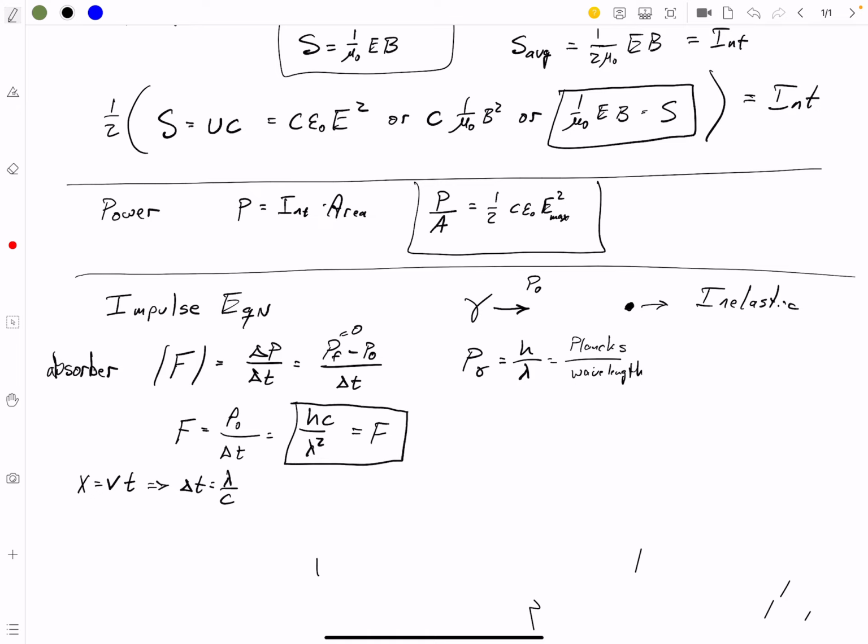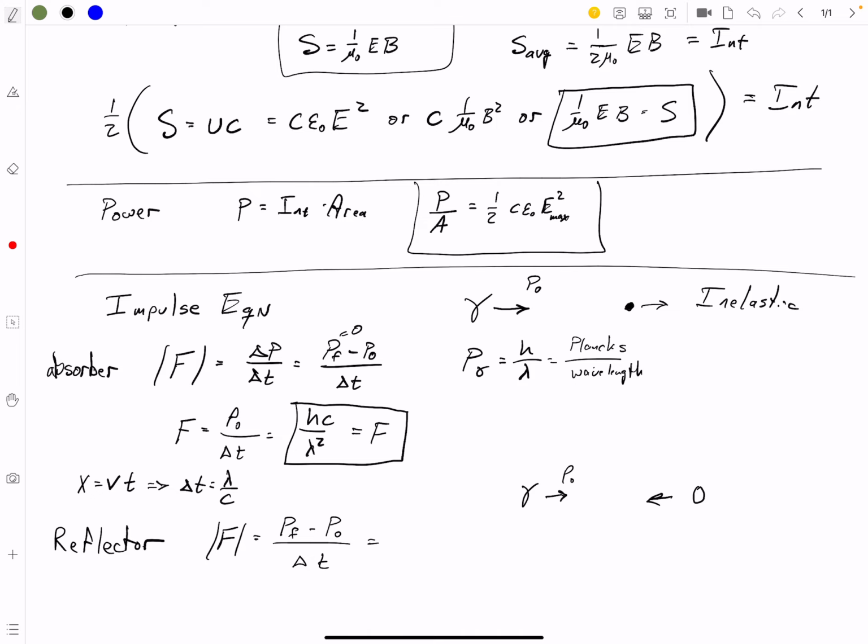When we have a perfect reflector, then F is equal to P final minus P initial over delta T. But this time, our gamma is going in with P initial. It hits our perfect reflector and bounces off.